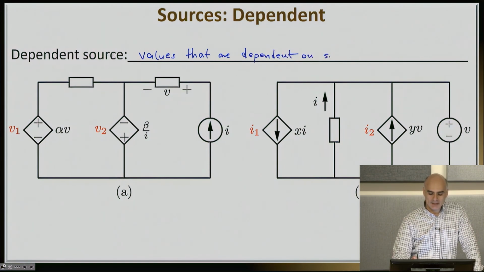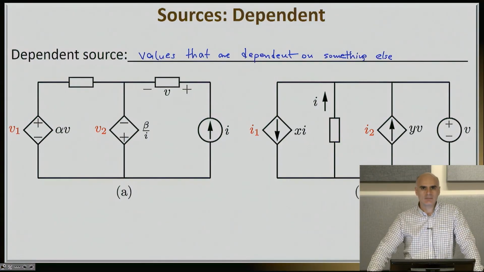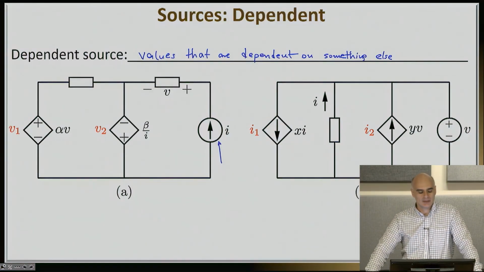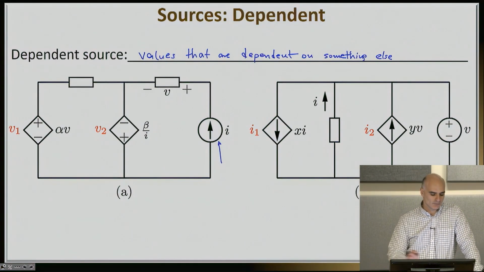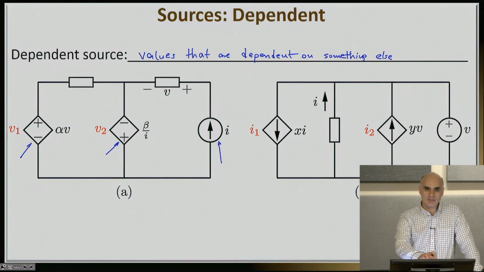That something else may be a voltage or a current, but it sits somewhere else in the circuit. Dependent sources, unlike the circles we're using for the independent ones, are primarily signified by the diamond symbol. The diamond symbol that you will see here or here is the symbol we use to indicate a dependent source.